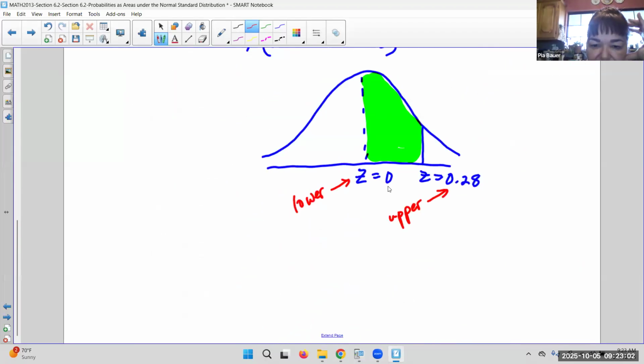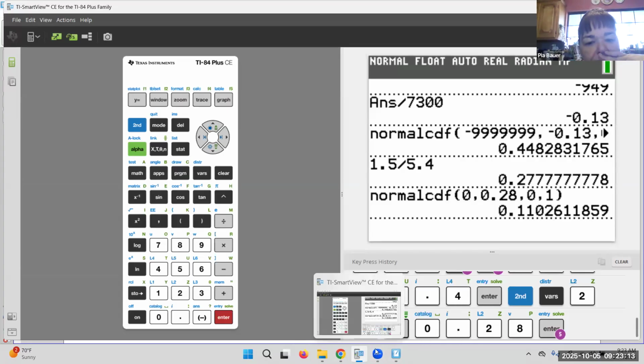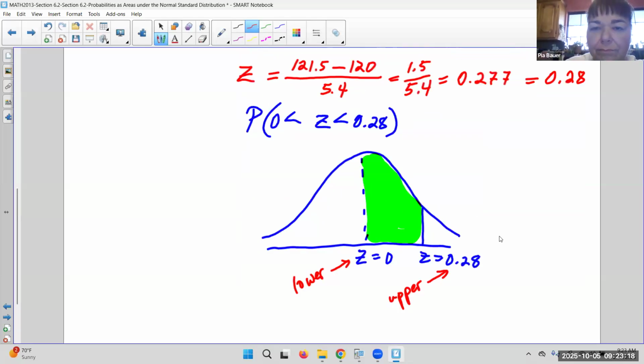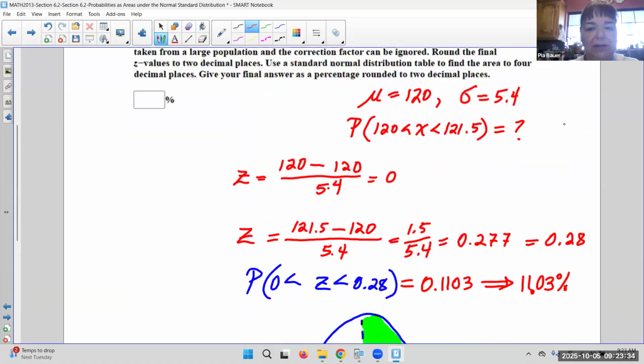So I have here 4 decimal places, so that would be 0.1103. Then when you change it into a percent, it will be 11.03%. So it's already rounded to 2 decimal places. So this will be the answer here, 11.03.